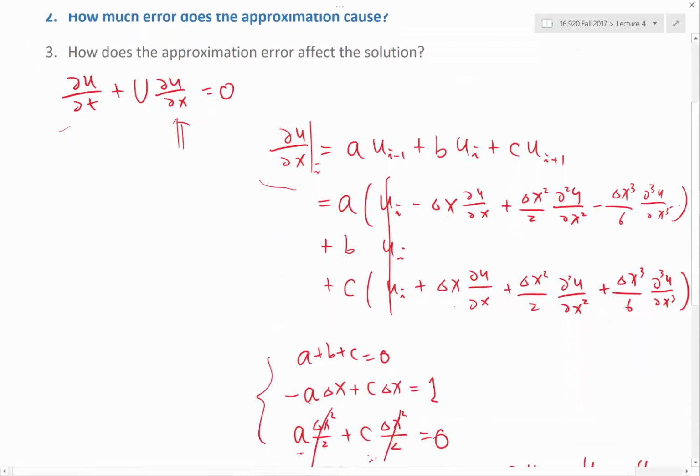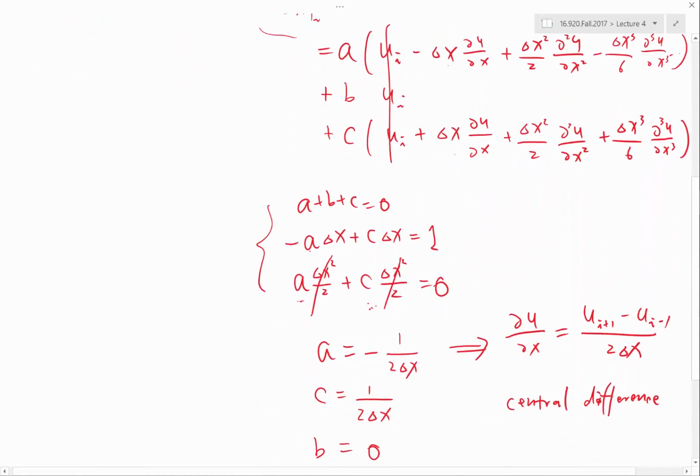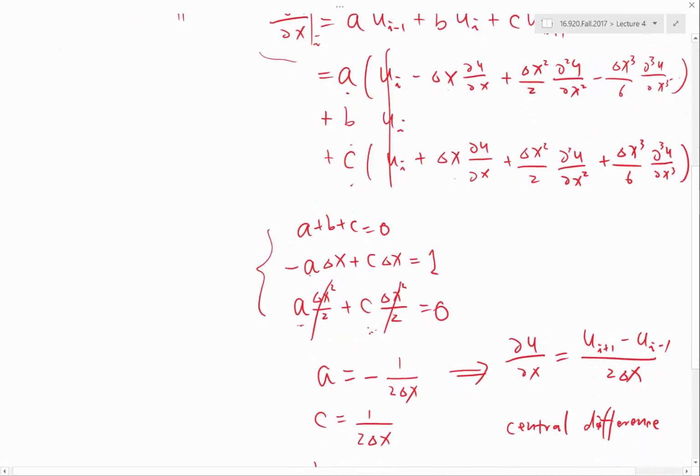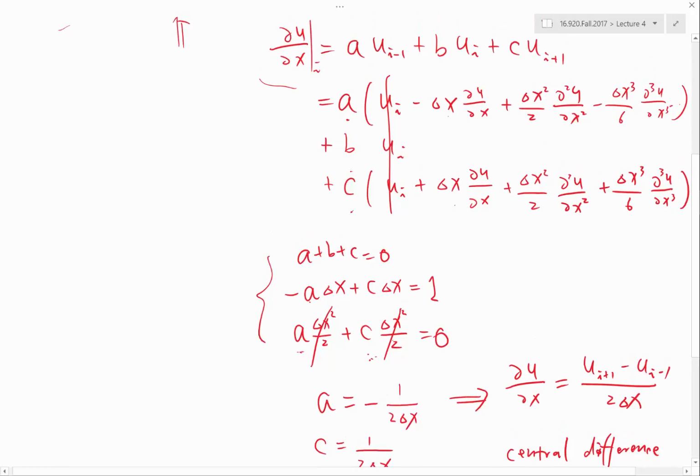What we do is substitute the a, b, and c we derived from canceling as many terms as possible, and see what is the first term that is not cancelled. The first term that is not cancelled is here, because a is equal to something negative and c is equal to something positive, so these two cannot add up to 0.